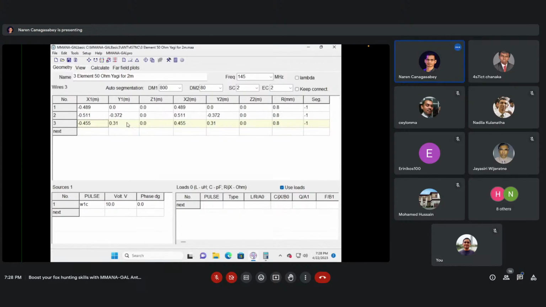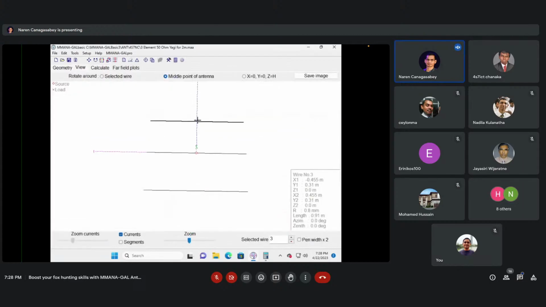And why this is plus is, this is the minus plane, this direction, and the plus is in this direction, y plus, y minus. So I generally like to keep the driven element along the x plane with y0, and the director y positive and the reflector y negative.